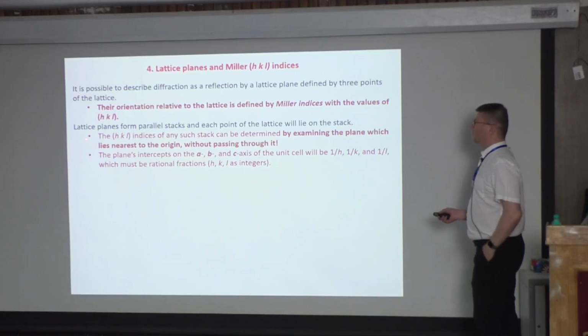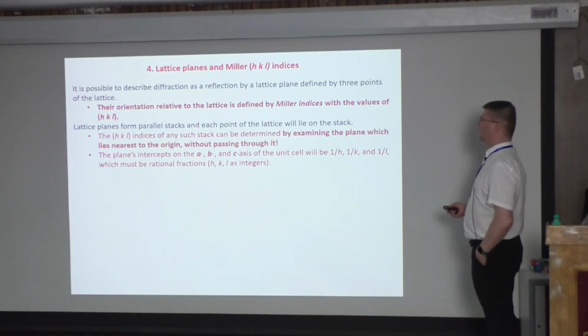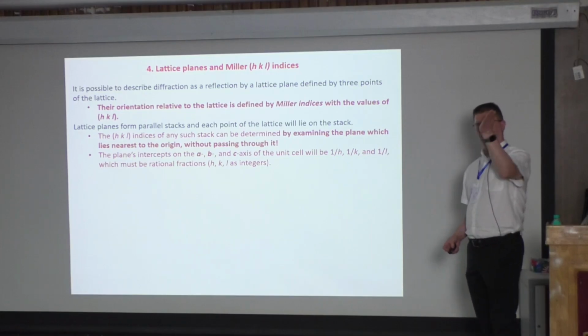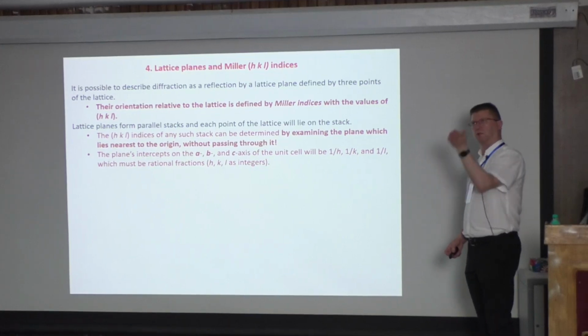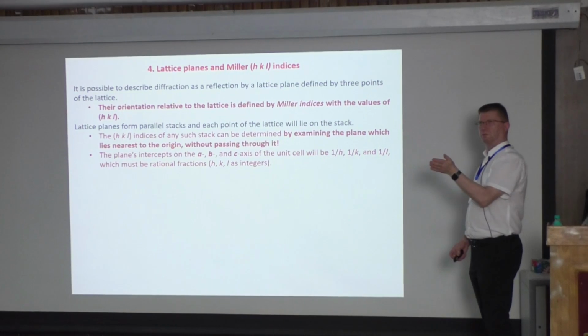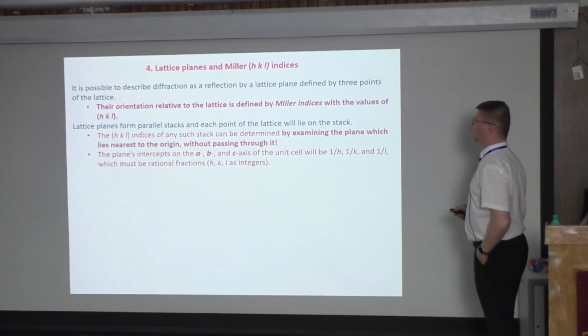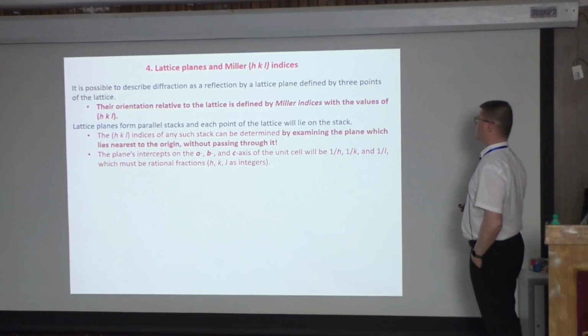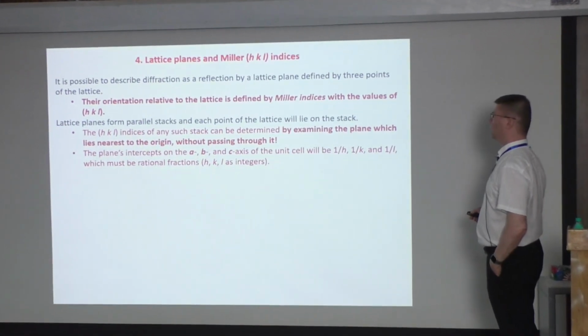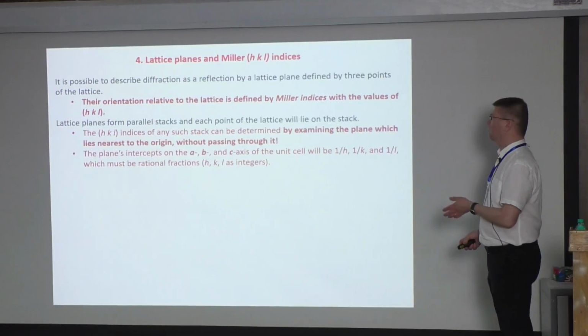The idea is that the lattice planes are parallel stacks, and each point of the lattice lies in the stack. So we take a slicing of the box into planes. The idea of the HKL is that such a stack can be determined by examining the plane that lies nearest to the origin without passing through it. There will be a picture soon.